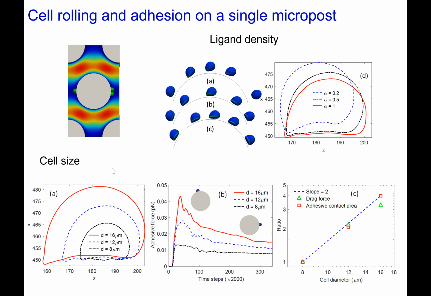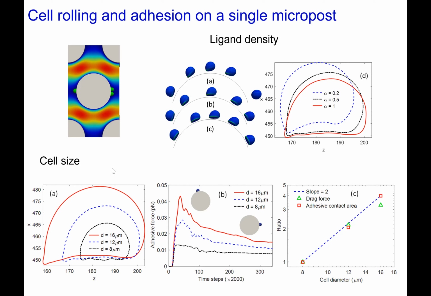So we showed that with a higher ligand density, the cell sticks firmly to the micropost surface. If there's less ligand density, the cells tend to slip over the micropost surface quickly instead of forming a firm adhesion on the surface.